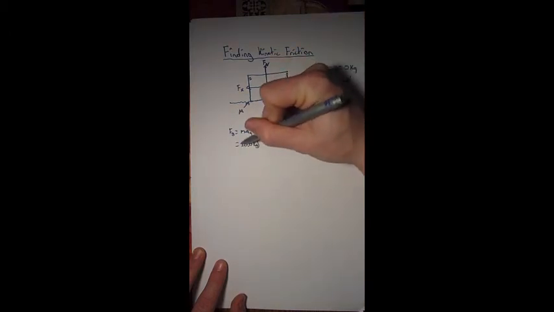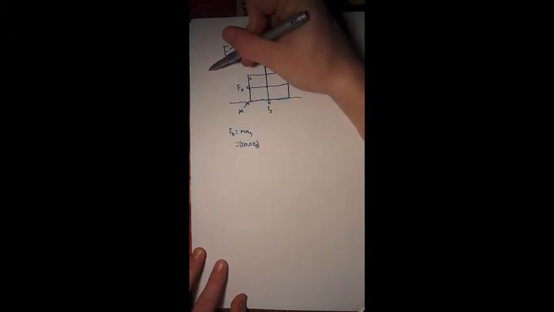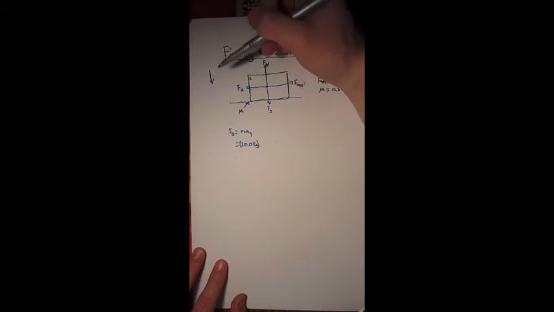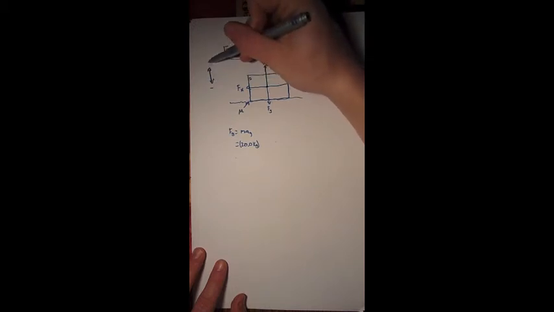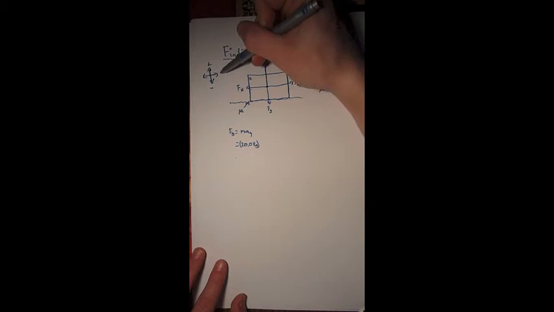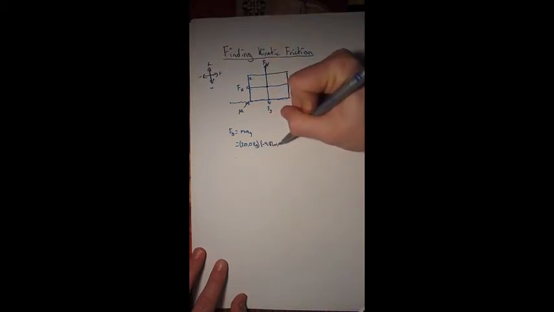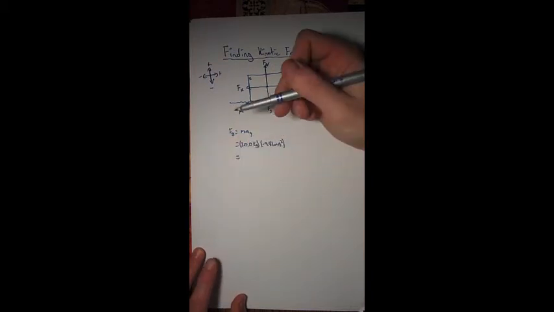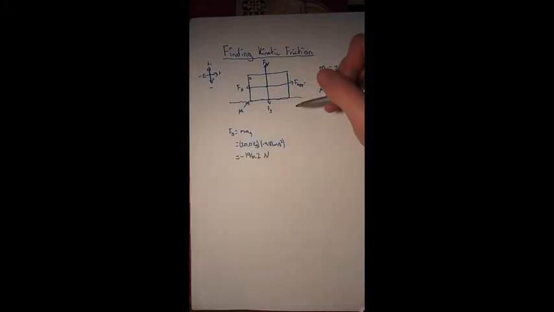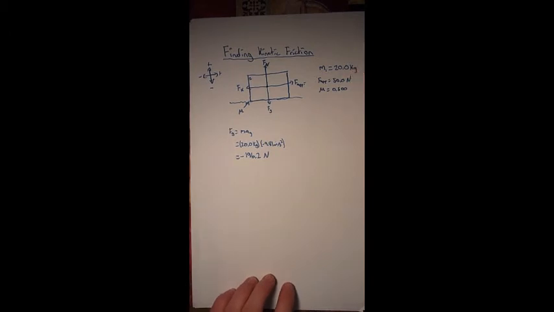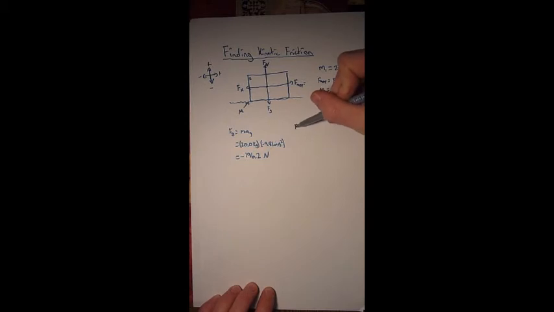First we find the force due to gravity by multiplying the mass by the acceleration due to gravity. This ends up being negative 196.2 newtons. And we can tell that the normal force is equal to the negative gravity force.